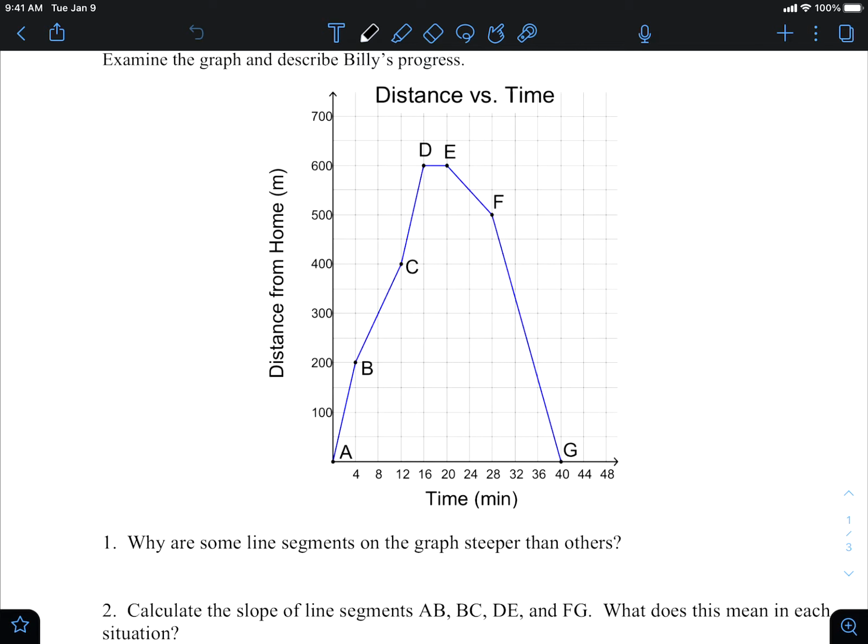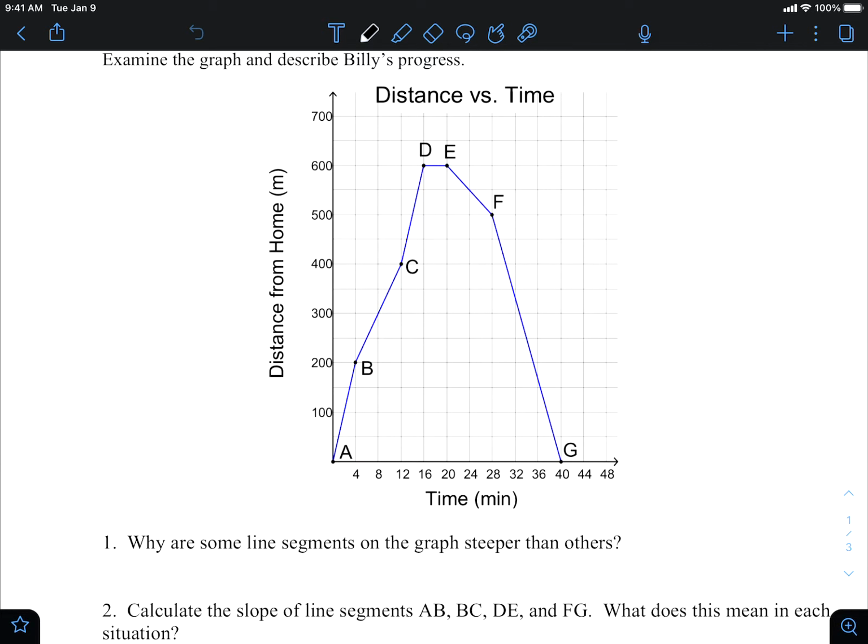Now, there's something you've said in there that I think is going to make sense after I show you. I think you're glossing over the fact that on here, you can actually find the speed by looking at this graph. Even though it's measuring distance and time, you can find the speed.